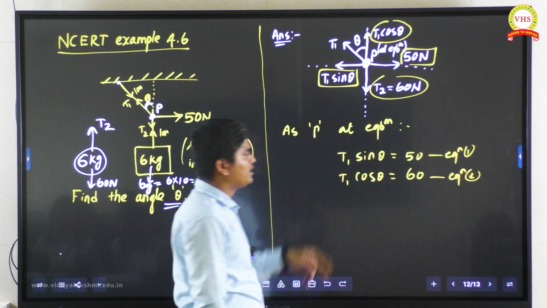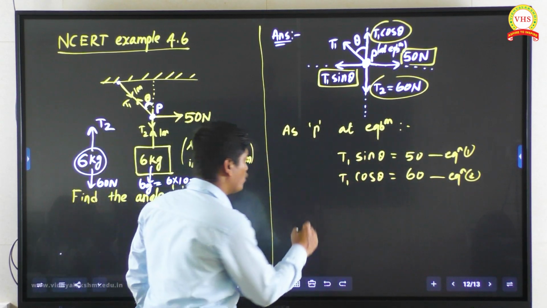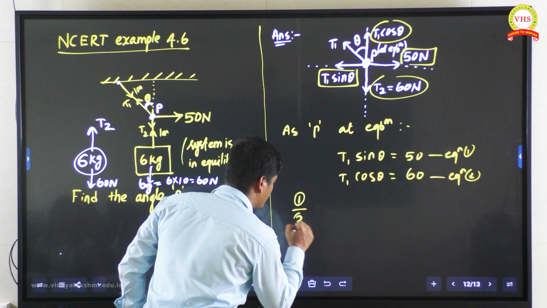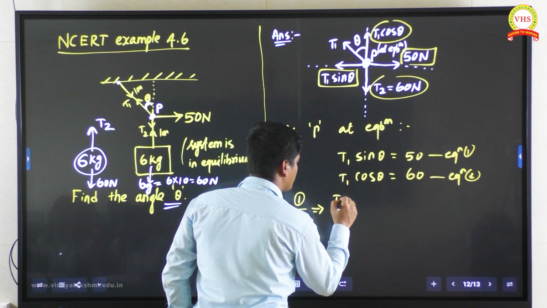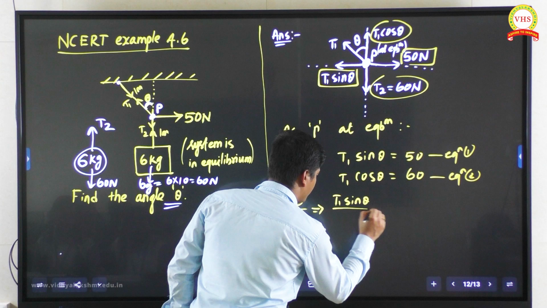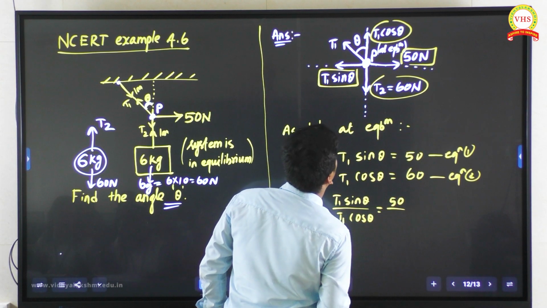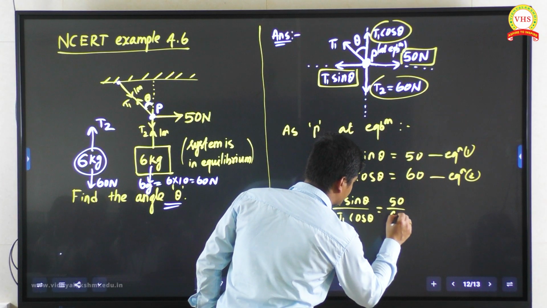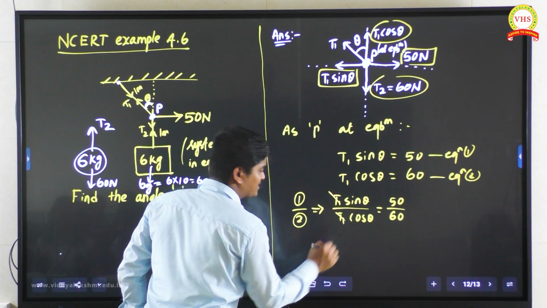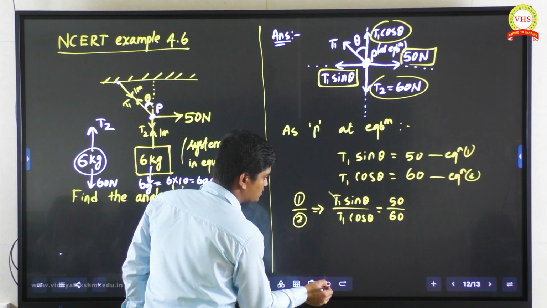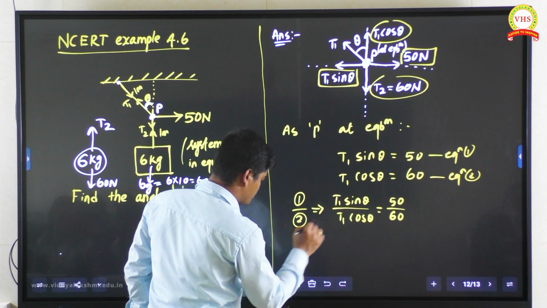Now divide these two equations. You do 1 divided by 2. What will we get? T1 sin theta by T1 cos theta is equal to 50 by 60. Now T1 cancels. Yes or no? 10 cancels.